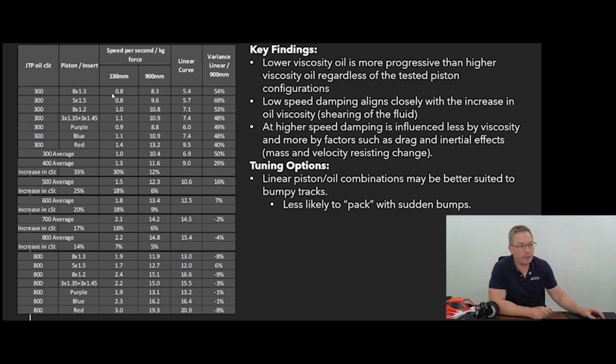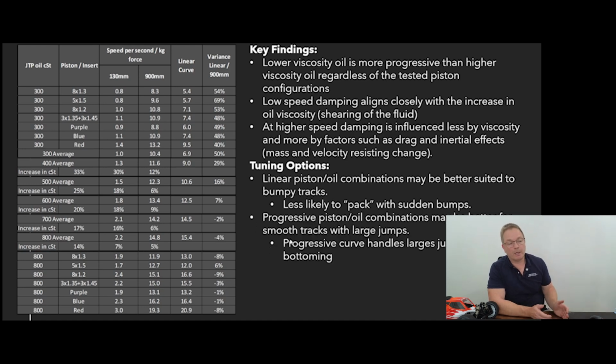It's got the same type of low speed characteristic, but it won't load up under any of those oils more than the 5 by 1.5. So this is more linear. If it hits a high speed bump, it's not going to pack unless you want it to pack. The 8 by 1.3 is a smoother type of piston than the 5 by 1.5.